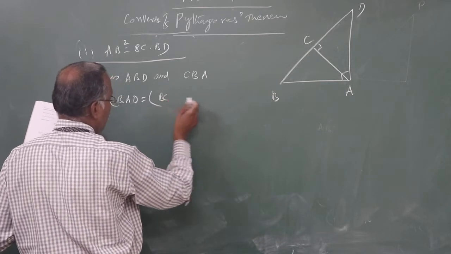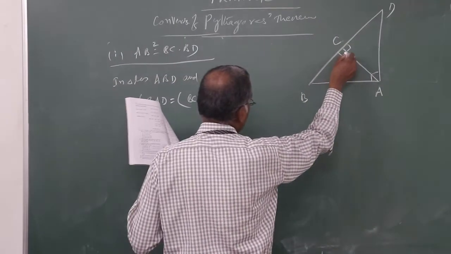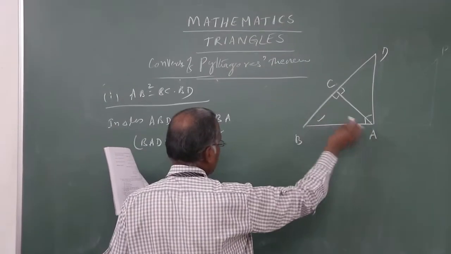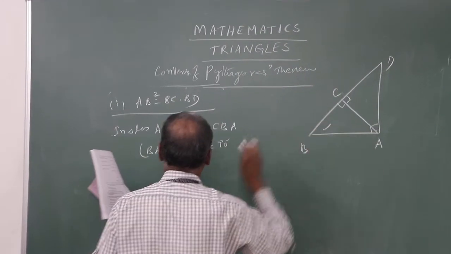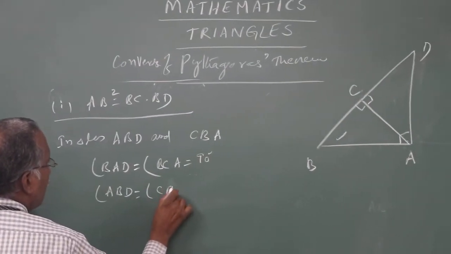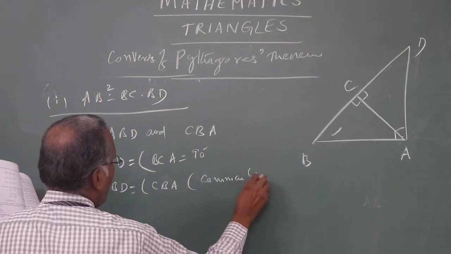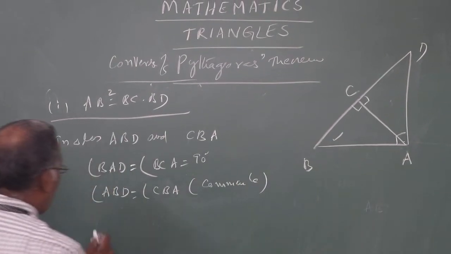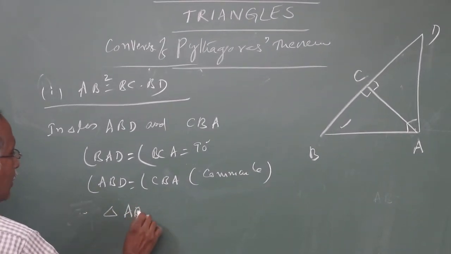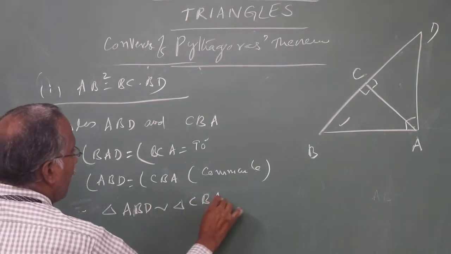Angle BCA is also equal to 90 degrees. Observe this now. This is 90 degrees, this is 90 degrees. Which is the common angle here? For both the triangles, ABC and ABD, angle B is common. Therefore, angle ABD is equal to angle CBA. The reason is that it is a common angle of both these triangles. By AA criterion, triangle ABD is similar to triangle CBA.